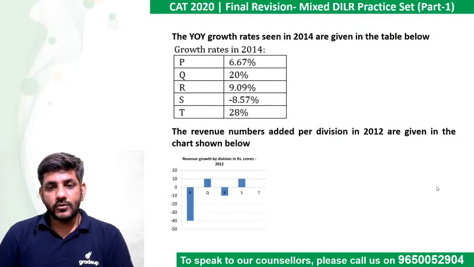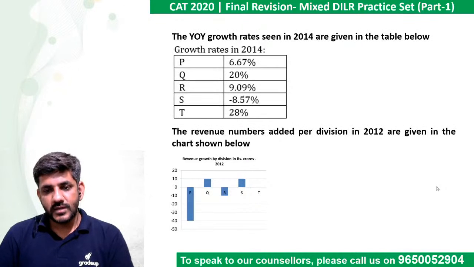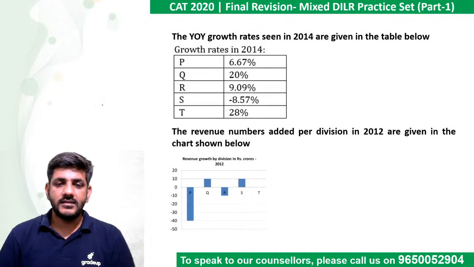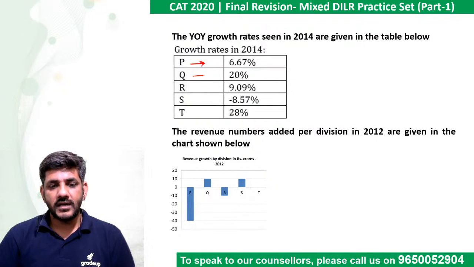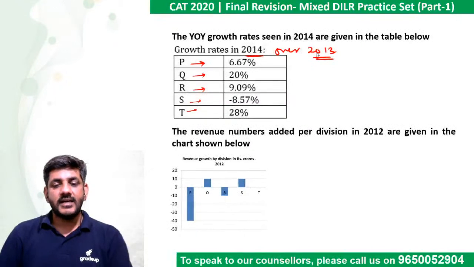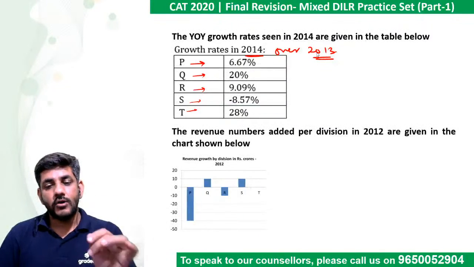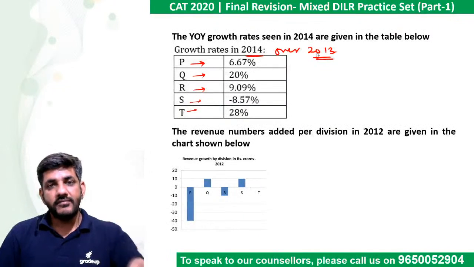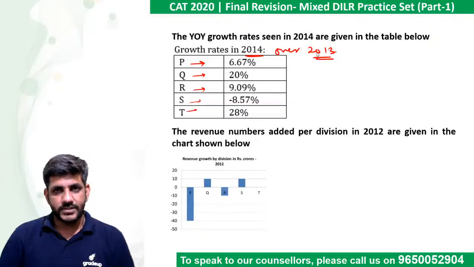The year-on-year growth rates seen in 2014 are given in the table. So P में कितना growth आया है, Q में कितना, R में, S में, T में in 2014. That means over 2013. Because growth rate and decline rate, they are always given on the previous year, even if it is not mentioned in the question.